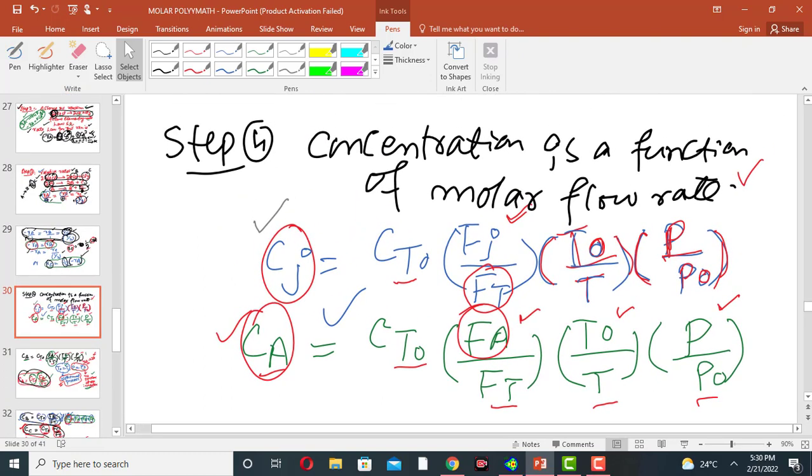And in step number 4, we determine the relation between concentration and flow rate.